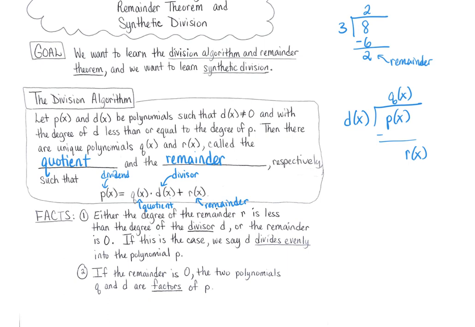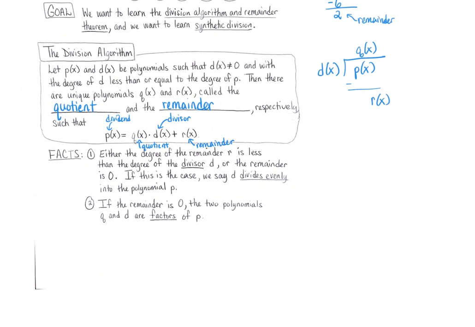Okay? And in this case, another thing that we can do is we can write p of x over d of x equals our quotient q of x plus our remainder over our divisor.